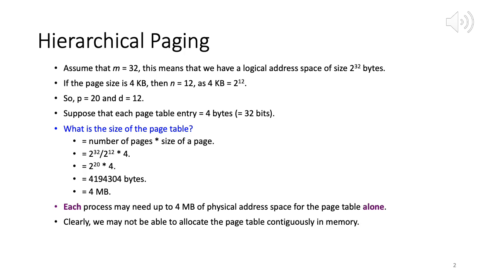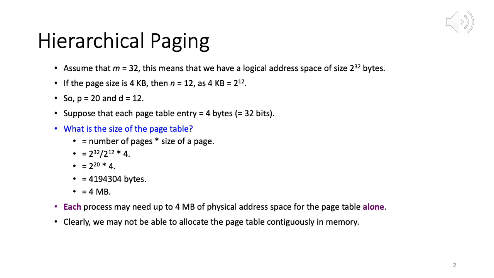Okay, so now I am on slide 2, and now we talk about hierarchical paging. We recall in one of the earlier lectures we had defined these two quantities m and n. What was m?